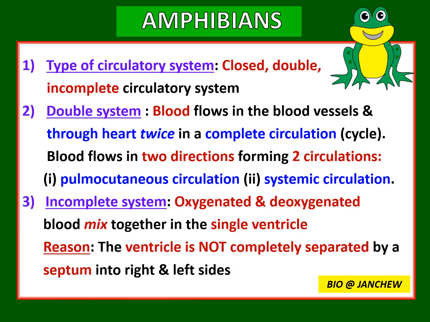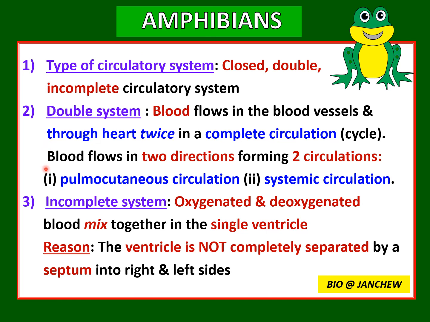Now here are the notes concerning the amphibians, or the frog's circulatory system. We have discussed all this in the diagram just now, so I'll go through the notes very quickly. The type of circulatory system found in the frogs is the closed double incomplete circulatory system. In the double circulatory system, blood flows in the blood vessels and through the heart twice in a complete circulation or cycle.